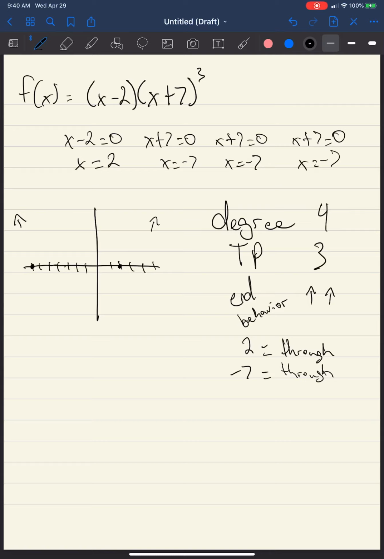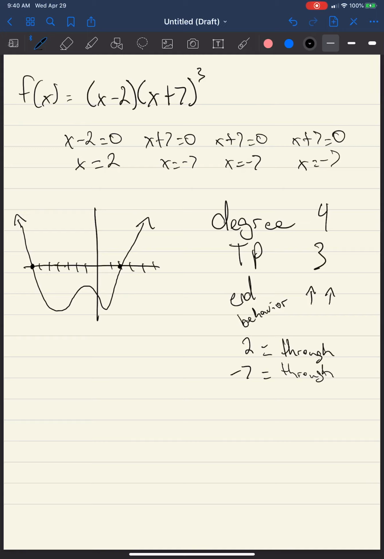And then we have 3 turning points. So I'm going to go 1, 2, 3. Let me fix that. So it'll kind of have a W.